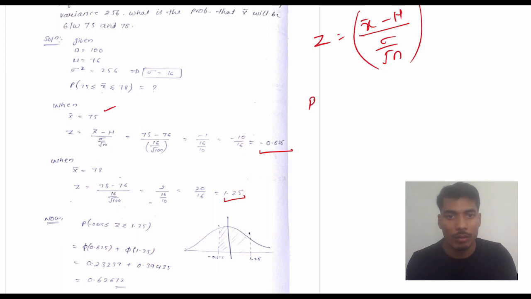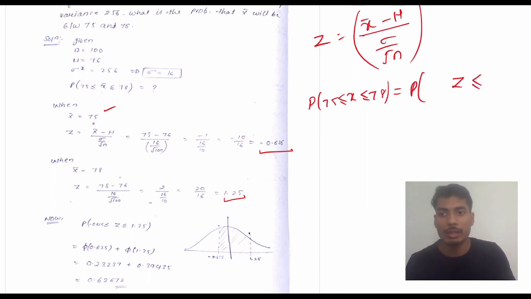So see here, we have to find the probability of x bar less than or equal to 78 and greater than or equal to 75. This we can write in the form of z.